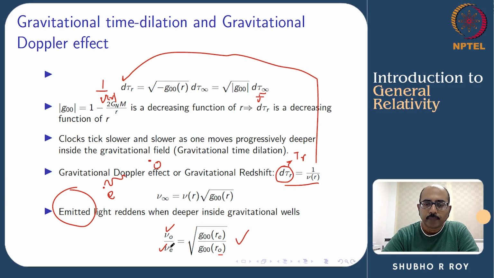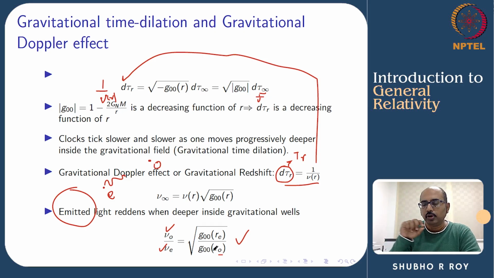So for outside, what happens is that as I come outside, g00 will start increasing. So g00 is an increasing function. So 1 over g00 is a decreasing function, and this tells you that the frequency decreases with distance.